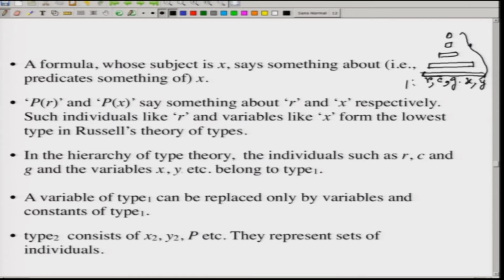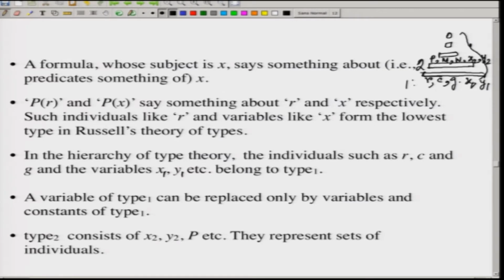Type 2 consists of x2, y2, p, etc. So, then at this level, here you have x1, y1, at this level you have, we add 1, that is better for us. At this level you have p, that is philosopher, m, man, w, woman, and x2, y2.